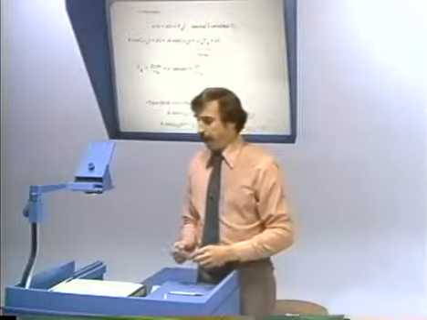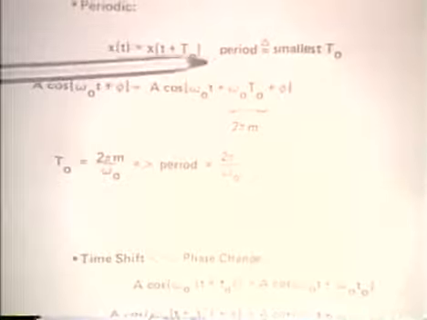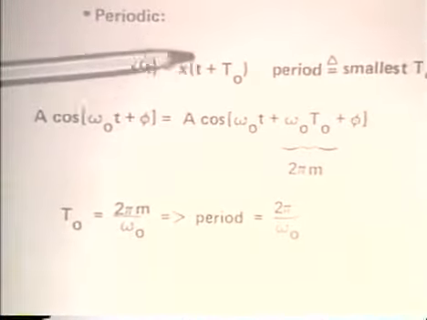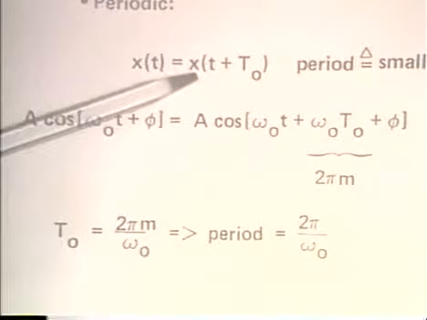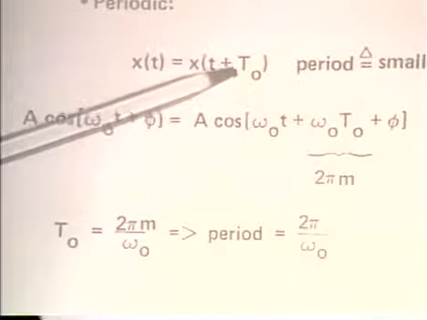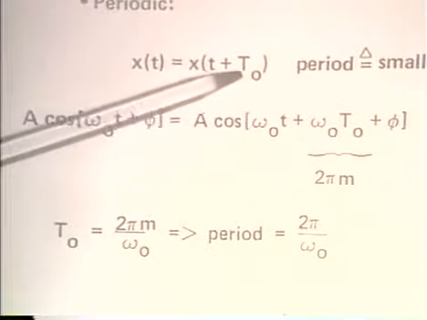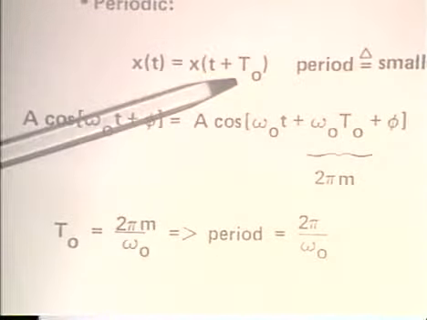What I mean by periodic is that under an appropriate time shift, which I indicate here as t0, the signal replicates or repeats itself, or said another way, if we shift the time origin by an appropriate amount t0, the smallest value of t0 being referred to as the period, then x of t is equal to itself shifted.